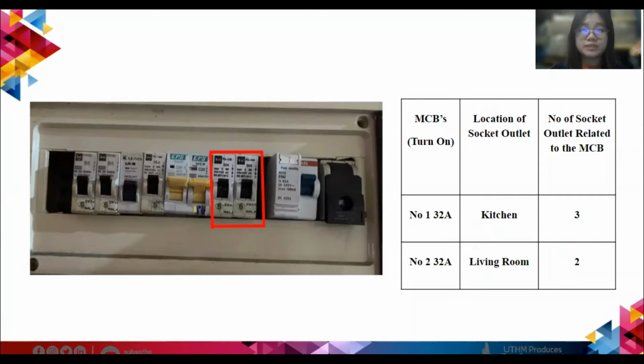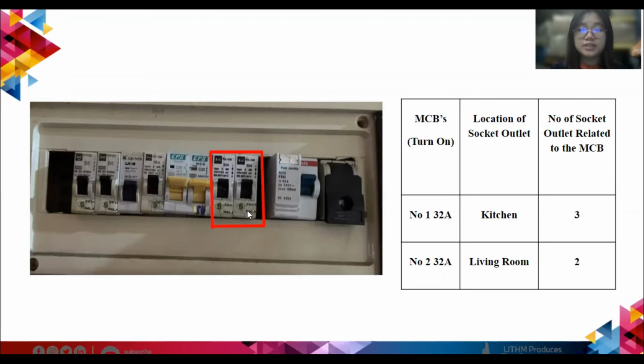Today I'm going to explain about the MCB in my house. The last two MCBs are related to the sockets in my house. The first MCB is related to the socket at the kitchen. It is 32 ampere and it is connected to 3 sockets.